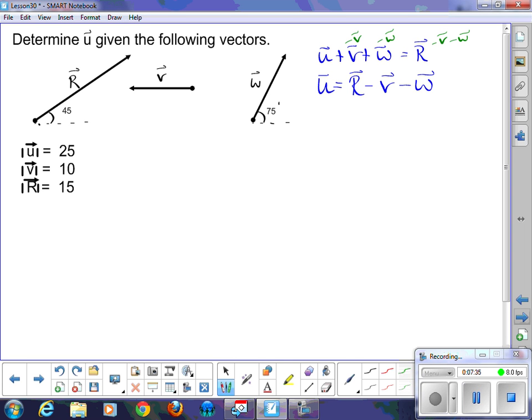So how does that look? Well, we know that if I take my resultant, I subtract my v vector, subtract my w vector, I will end up with my u vector. Using algebraic methods, I just got to take each vector and break it into its components. So here it's similar to the one we just did.